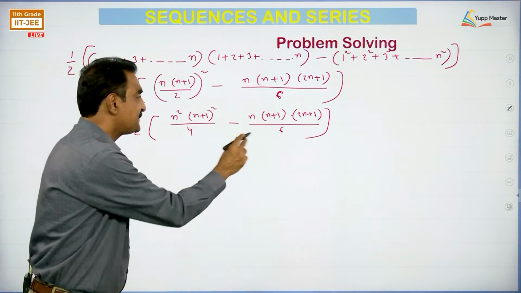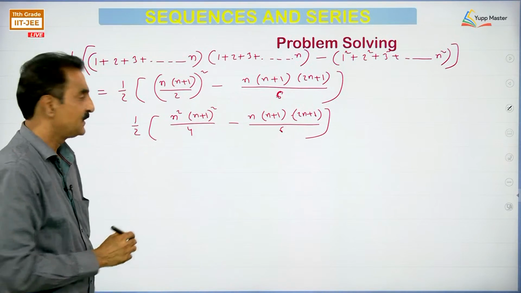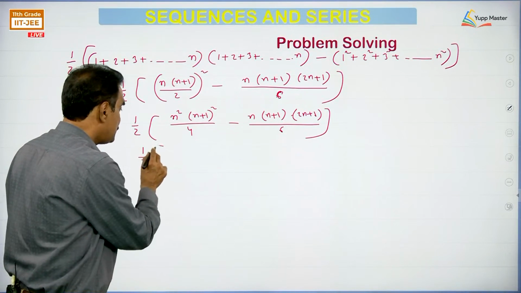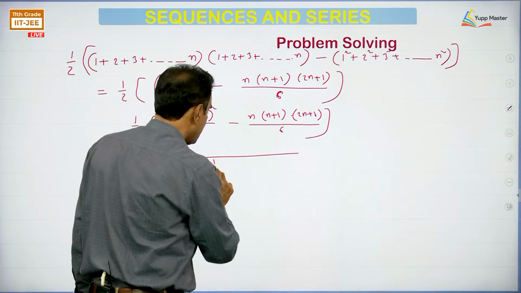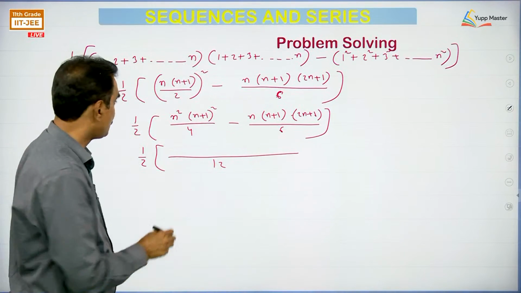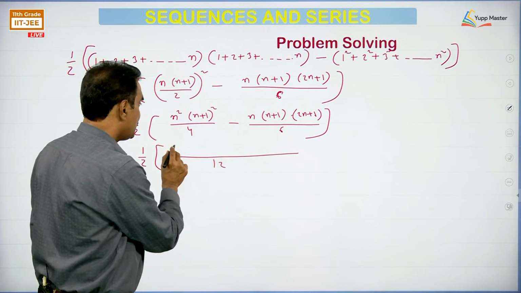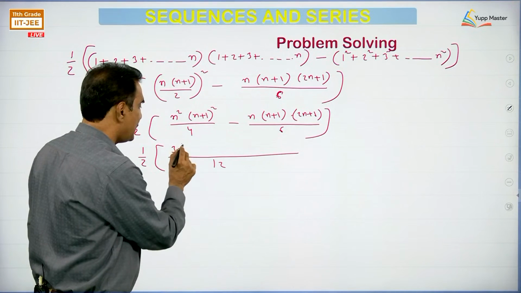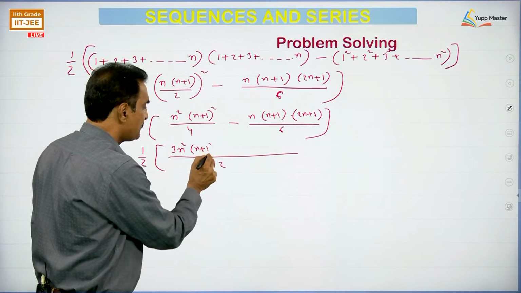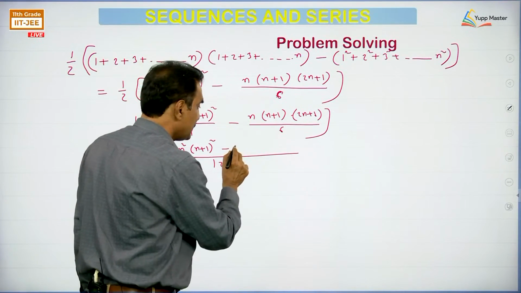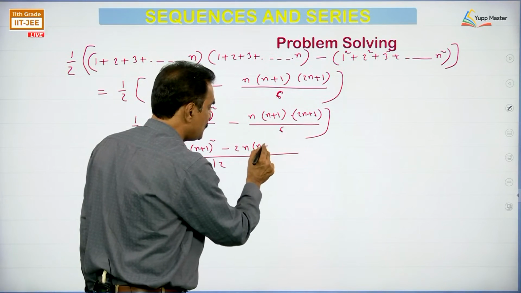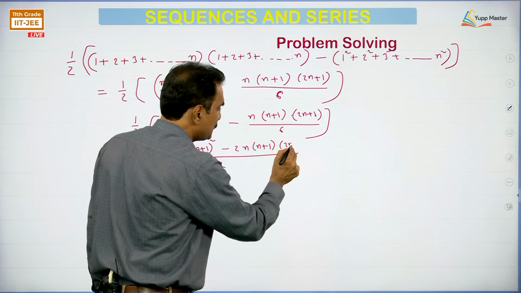What is the LCM of 6 and 4? 12. So, it will be 1 by 2 into 12 is LCM. You will get here 3n square into n plus 1 whole square minus here you will get 2n into n plus 1 into 2n plus 1.